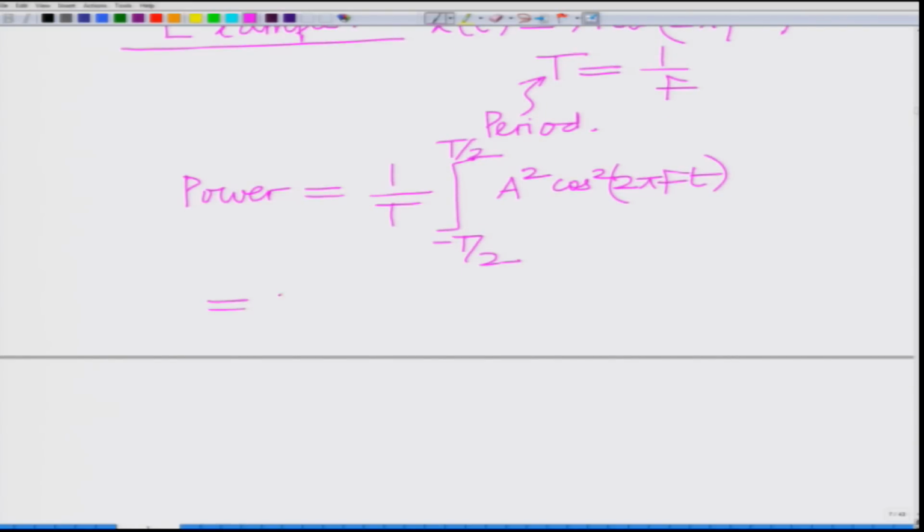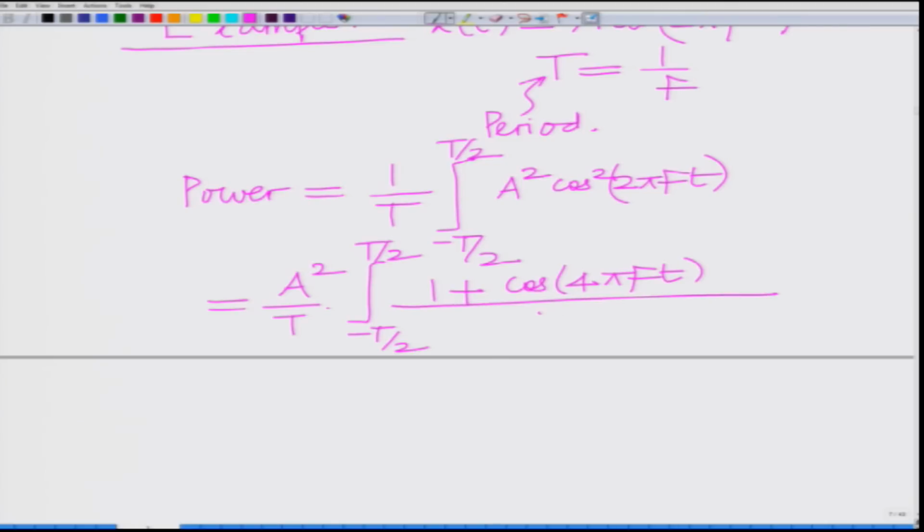Now I can bring the A square outside, A square is a constant, so A square divided by capital T integral from minus T by 2 to T by 2 cosine square 2 pi f t. Cos square theta is 1 plus cos 2 theta divided by 2. So, cos square 2 pi f t is 1 plus cosine 4 pi f t divided by 2.